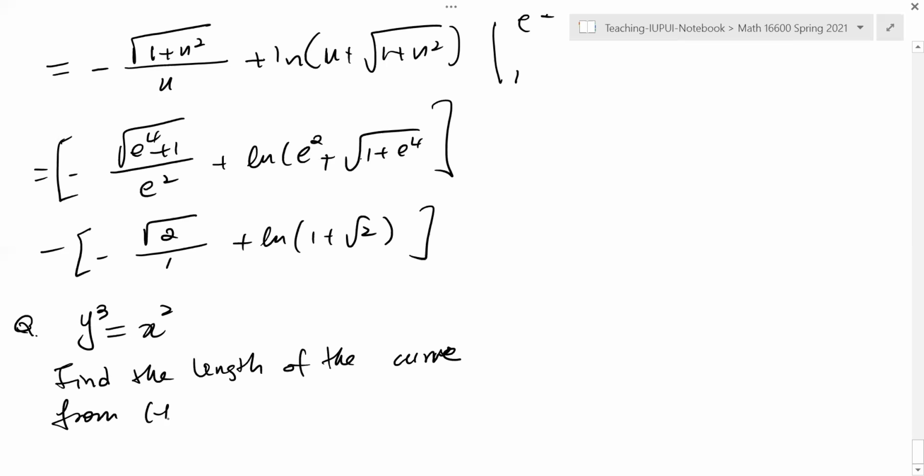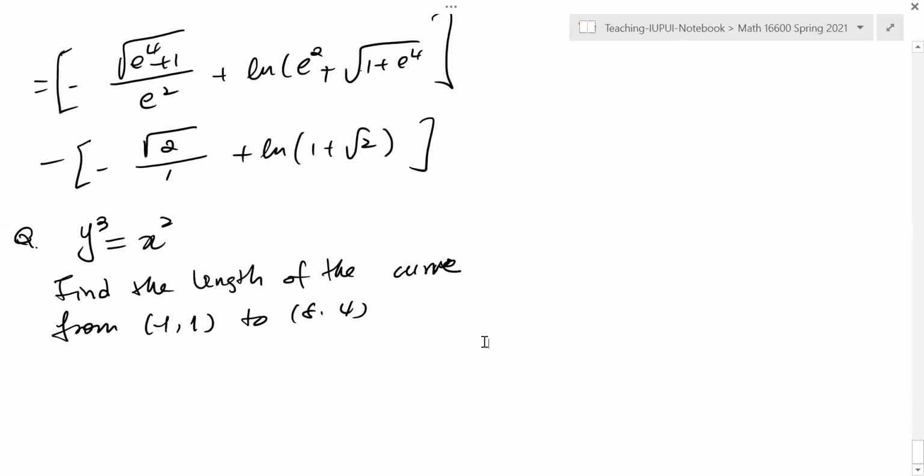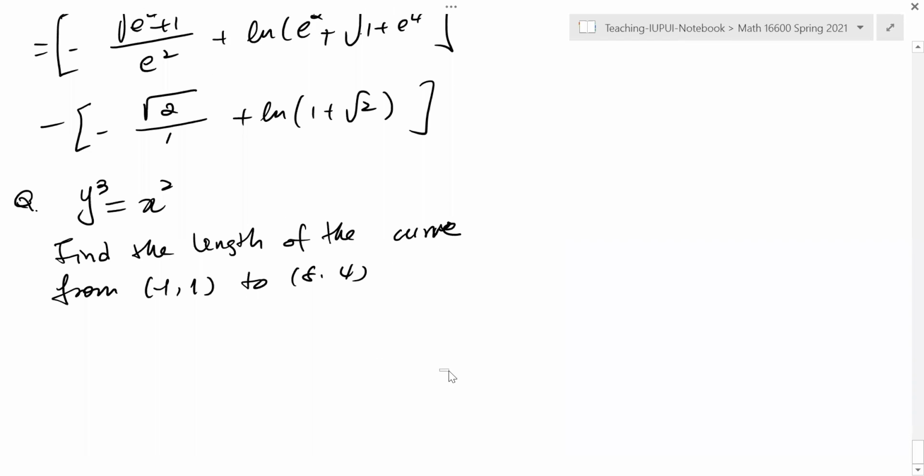From the point -1, 1 to 8, 4. Maybe there's only one curve here. So let's draw the graph.